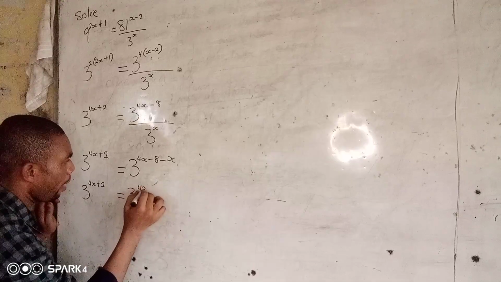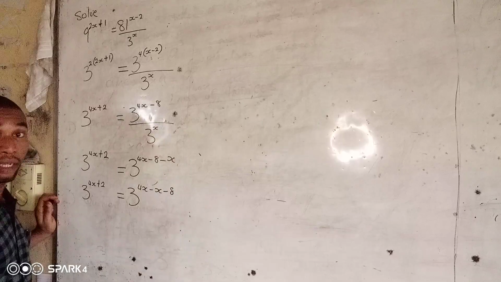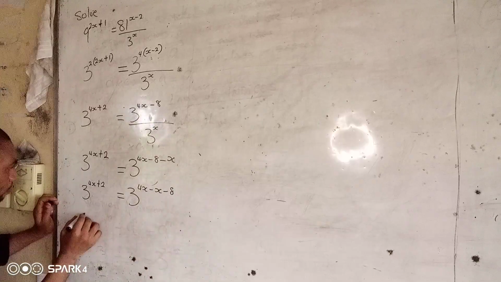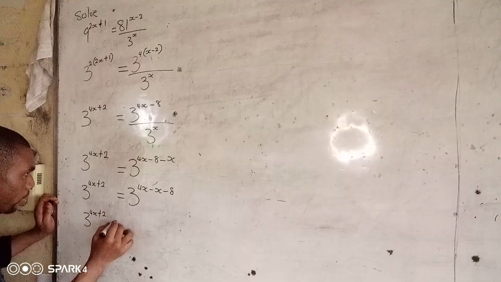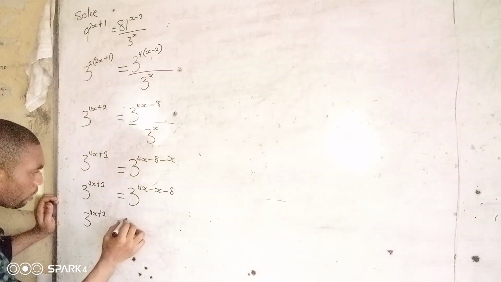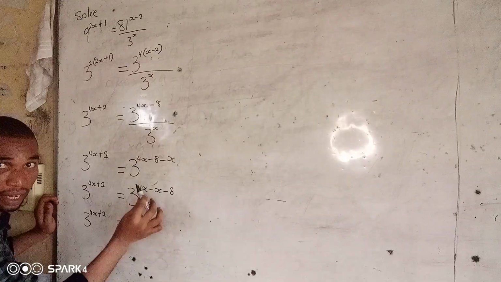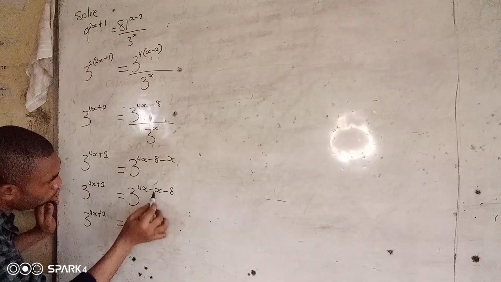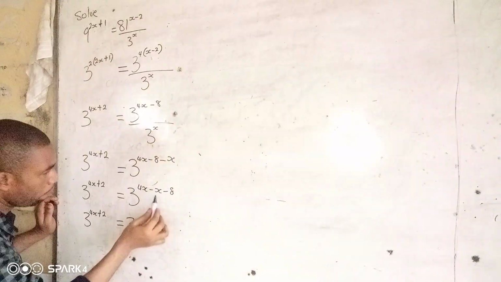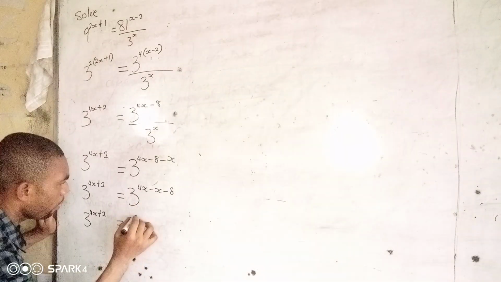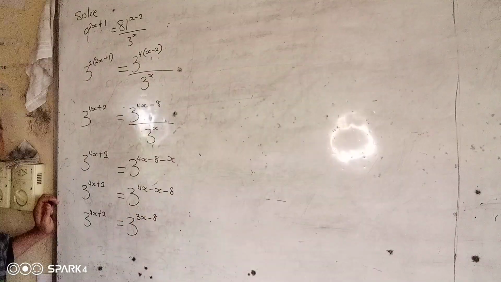I'm going to have 4x minus x minus 8, which should give me 3 raised to the power 4x plus 2 is now equal to 3. 4x minus x is 3x because the coefficient of this x here is 1. So 4 minus 1 is 3. Pick one of the x. So we have 3x minus 8.